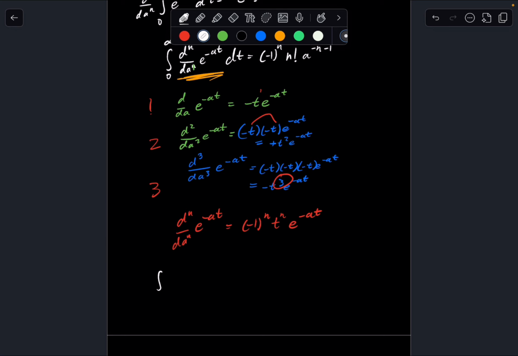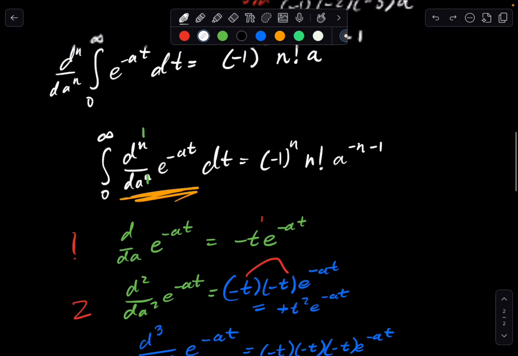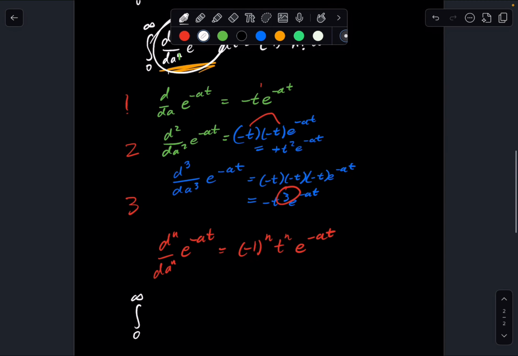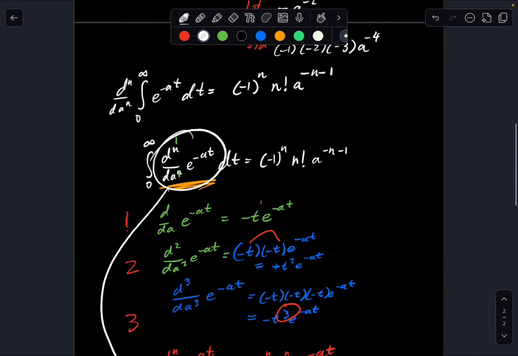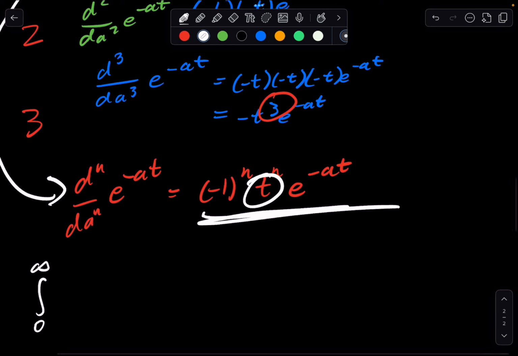Okay. The integral from 0 to infinity of this inside, which we calculated through this massive process, we said was just equal to what? What is this entire thing equal to? We said that this was equal to this. Since the integral is with respect to t, t is not a constant within the integral, so we can't just pull it out.